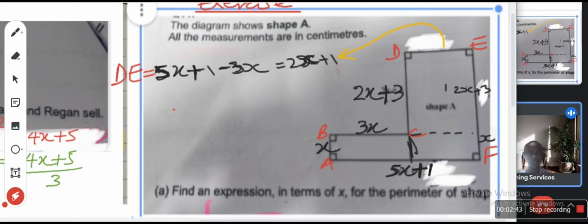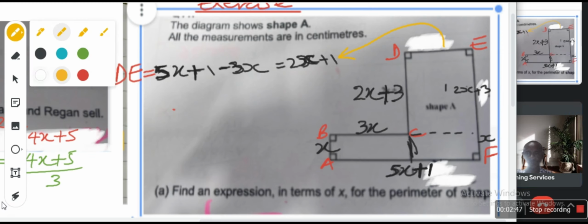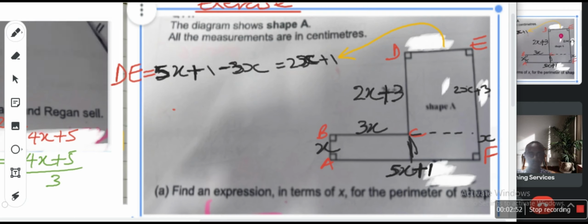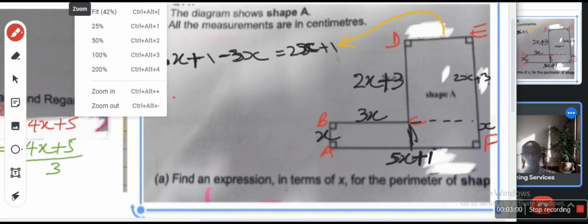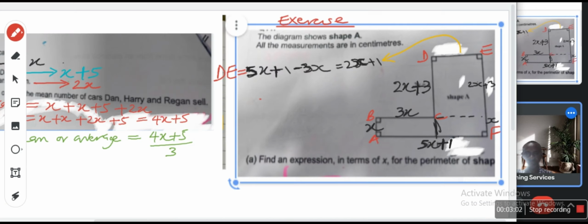All right, so find the perimeter now. You found all the sides. Find the perimeter. Okay, let's work it out. Can you zoom out a bit so that we can write it down here?